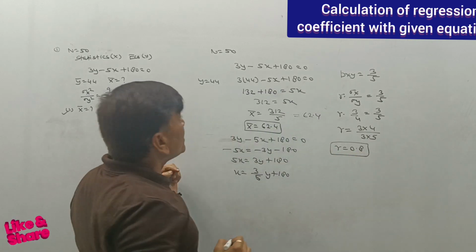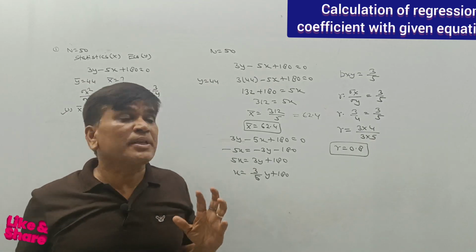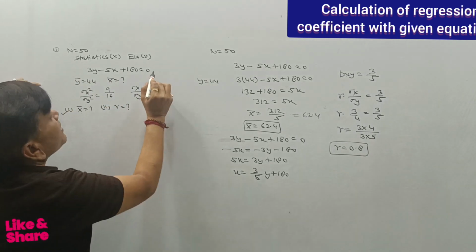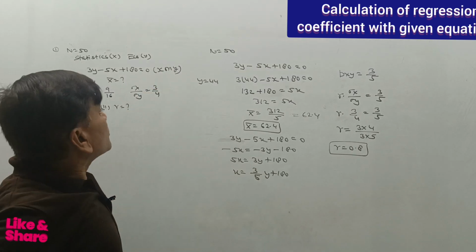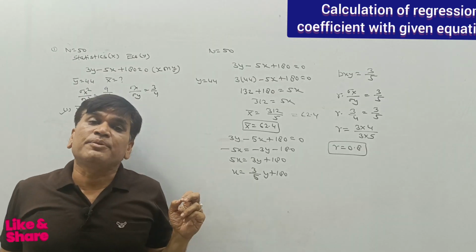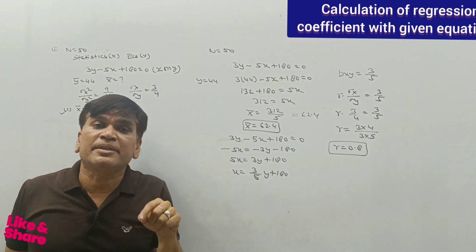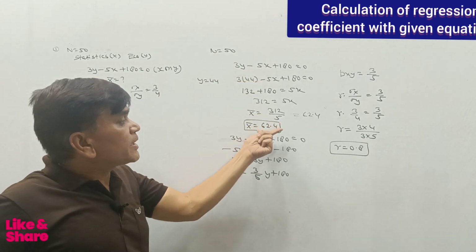So in such a condition, the question is given. In this question we have the x on y equation, the total number is given as 50, and y bar is given as 44. So first we have to calculate the value of x bar, and by putting the value we have calculated x bar.